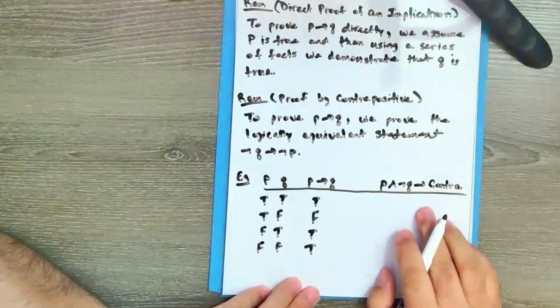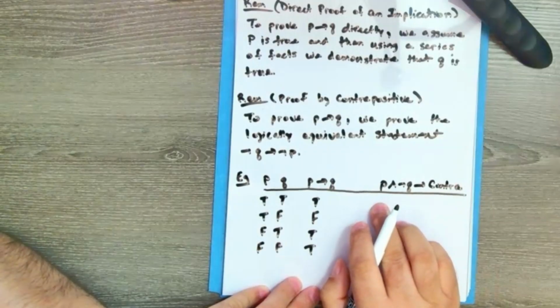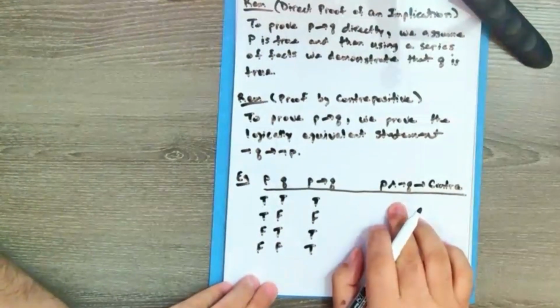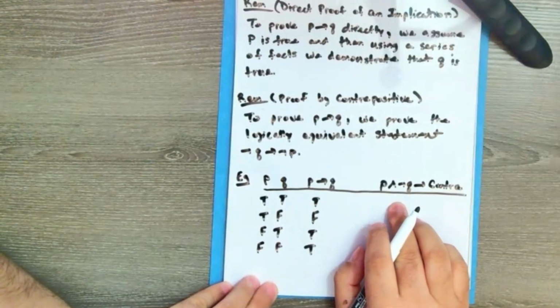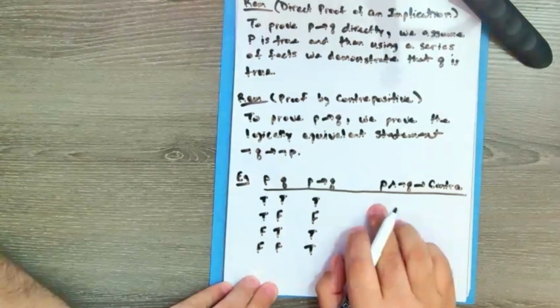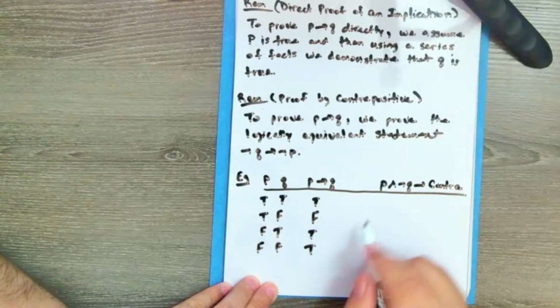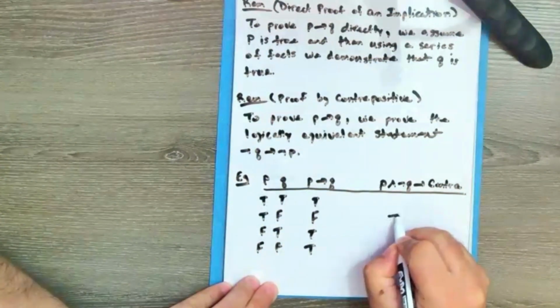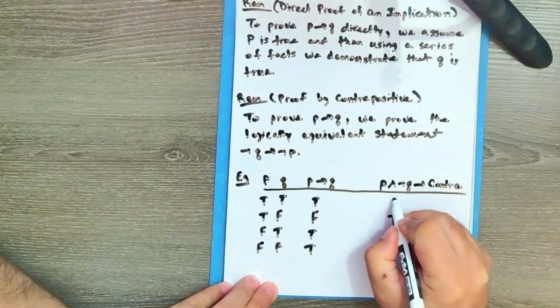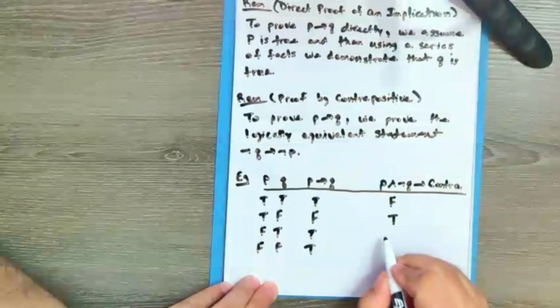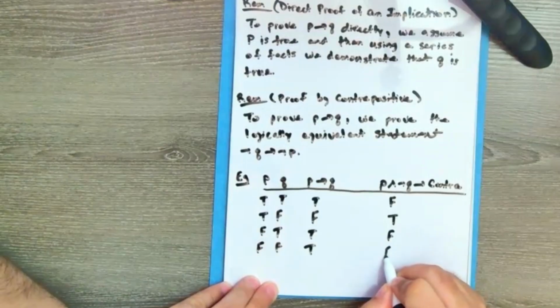So now for this second statement, let's start with the conjunction P and not Q. So P and not Q is true when P is true and not Q is true, or when Q is false. So we have true false, giving us the combination true, and in all other cases, the conjunction is false.